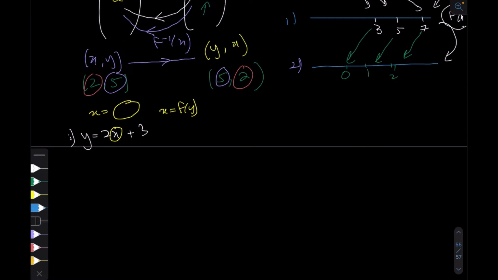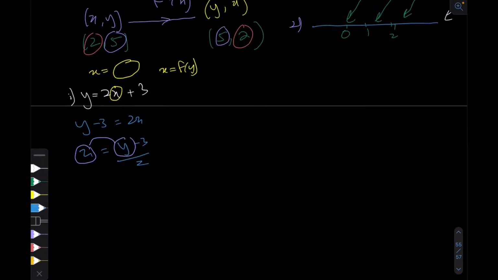So let's make x the subject. y minus 3 is equal to 2x. x would be y minus 3 over 2, right? Now that you have this, you swap the x with y. So your final answer is that f inverse of x is x minus 3 over 2. And this is how you find inverses.